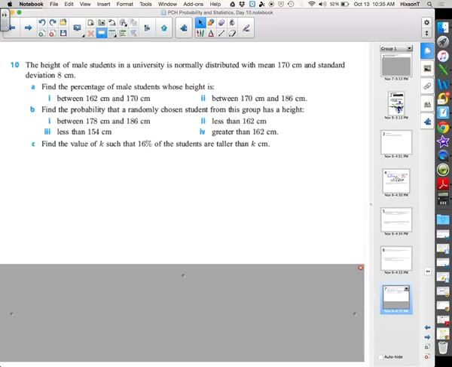Okay, yeah, the values themselves really aren't going to change. It's just how you're expressing them. The percentage of students or our probability of picking someone in that range is going to be the same idea. It's just a matter of how we're applying that idea. Okay? So you're doing the same thing for Part A and B. Part C you have to think about a little bit, but I think you can do it. Alright, feel free to get help from a friend, but go ahead and try number 10 here.